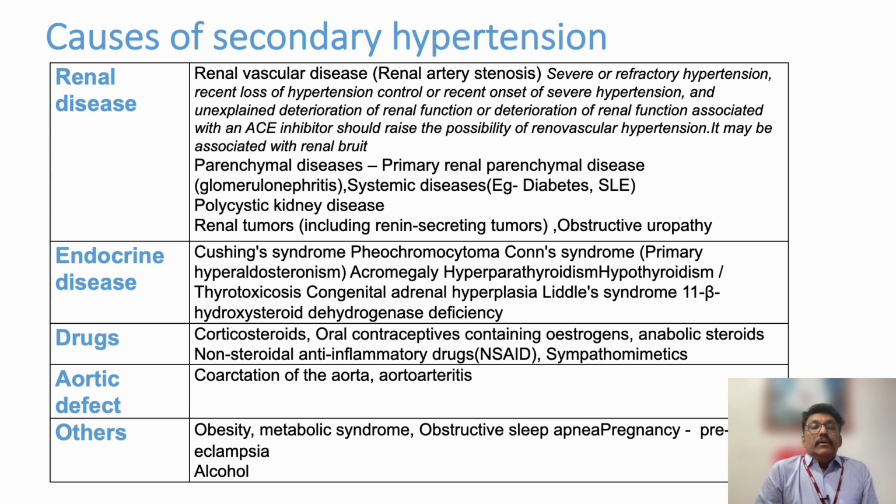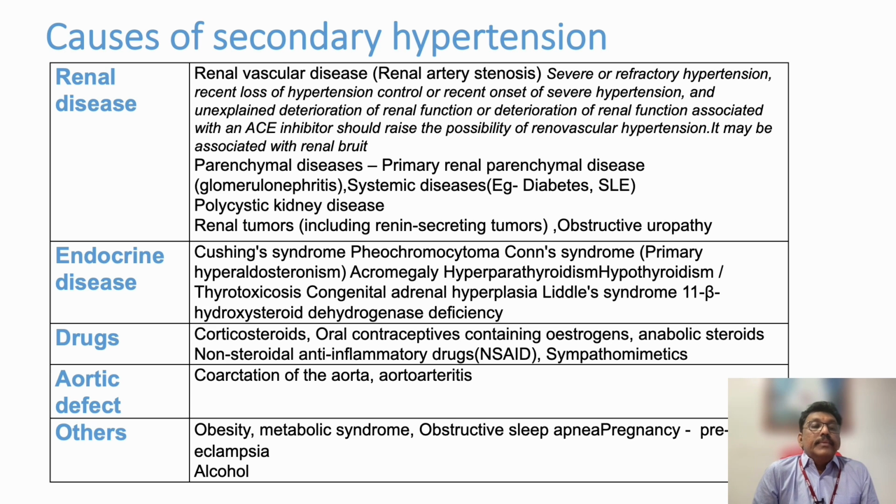Now, there are a lot of causes for secondary hypertension. The most important is renal disease, either renal failure like parenchymal renal disease, like glomerulonephritis, SLE, diabetes, polycystic kidney disease, renal tumors, all these things. But in elderly individuals, renal vascular disease is also common, because atherosclerotic renal vascular occlusion can occur in patients who have chronic high cholesterol, chronic atherosclerotic diseases.